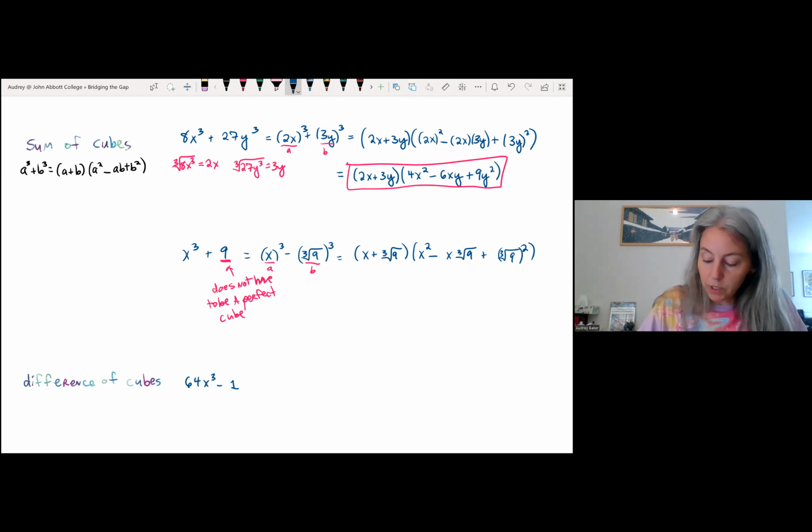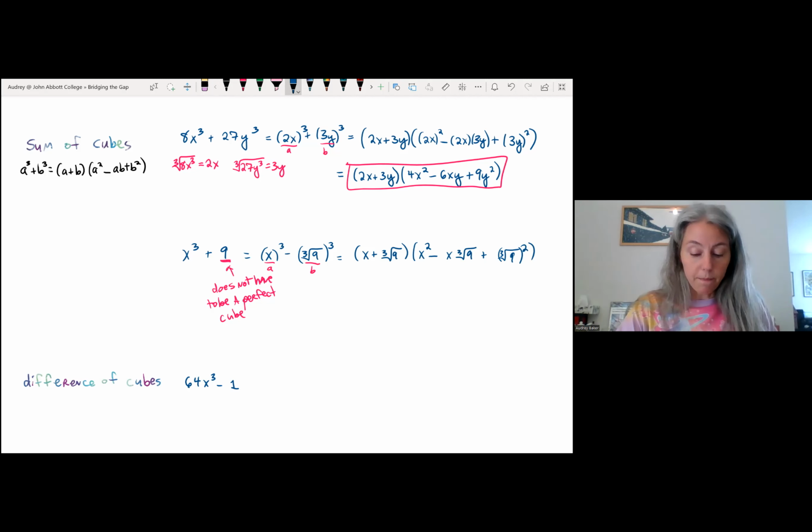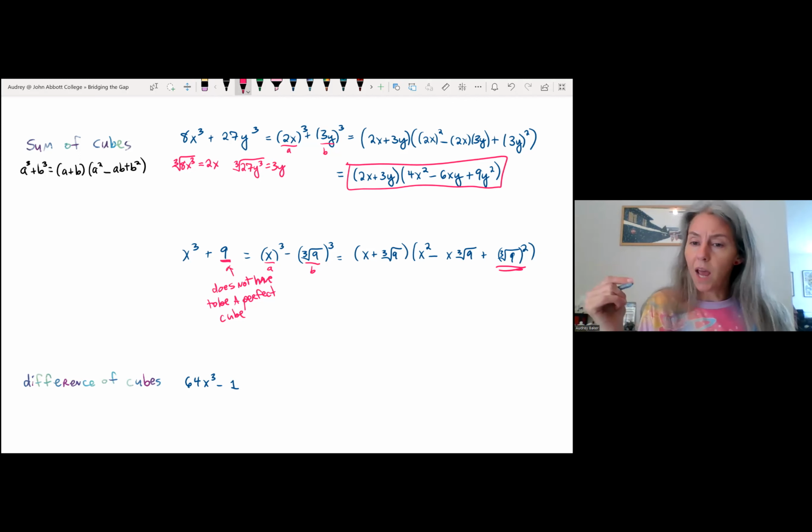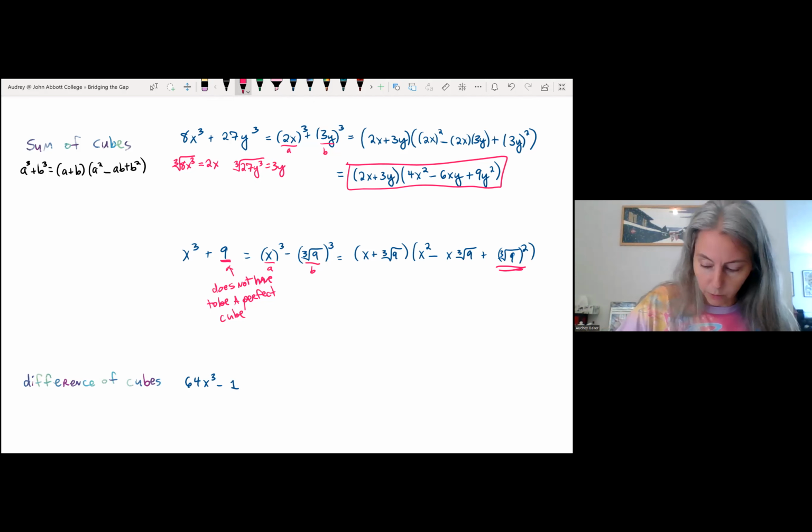There are some things we can do to simplify, well, really one major thing, which is that cube root of 9 squared. Now here, you're going to need to use your exponent rules to rewrite this. If you're not comfortable with your exponent rules, then head to the exponents and simplification videos, which will help you figure that out.